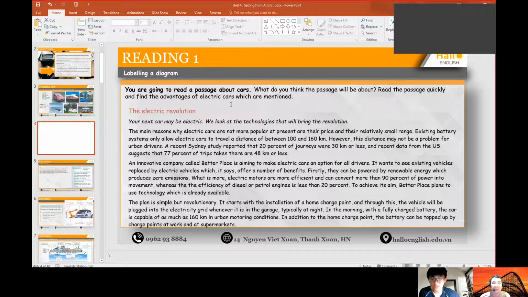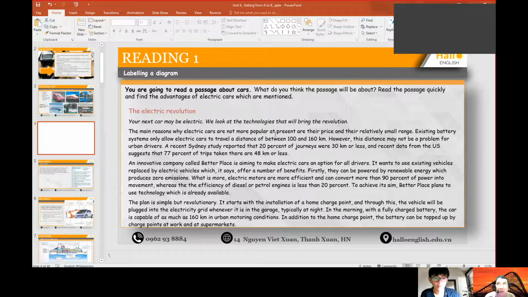The title of this passage is The Electric Revolution. If you look at the title, we can tell right away that this passage is all about electric cars.